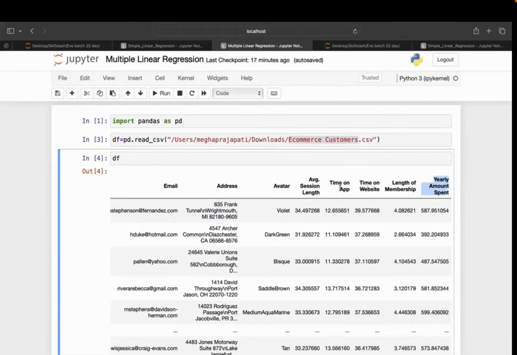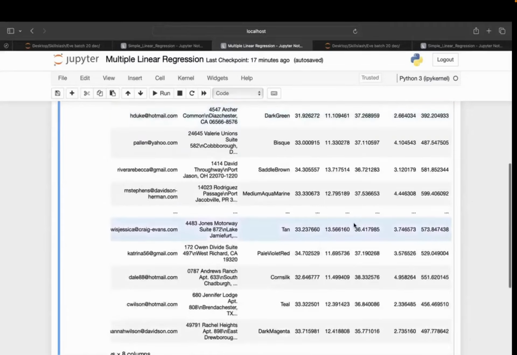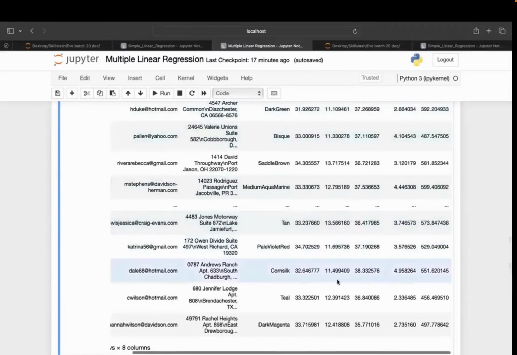Now we will check which one is getting used more, so that we can tell our e-commerce clients that you can spend on the application or you can spend on the website. Okay, which one is getting used more? Now you will tell me, can't we just judge it by summing their minutes up and finding the average?